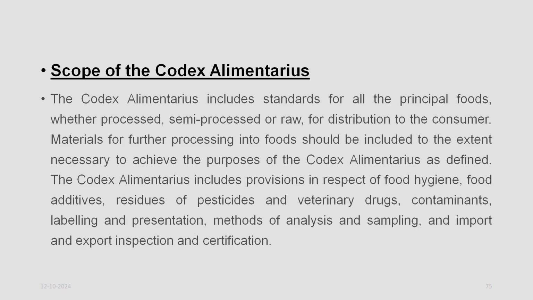Materials for further processing into food should be included to the extent necessary to achieve the purpose of Codex Alimentarius as defined. So how this food can be further processed, or if it is semi-processed food, how it can be cooked, and what ingredients should or should not be used while cooking.